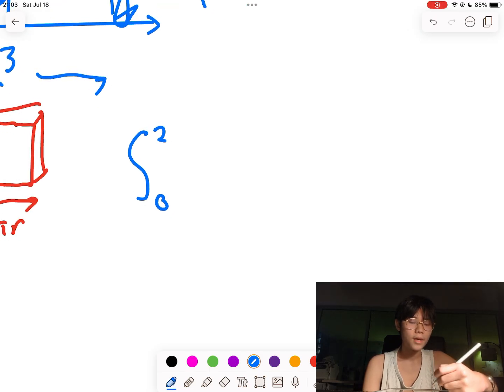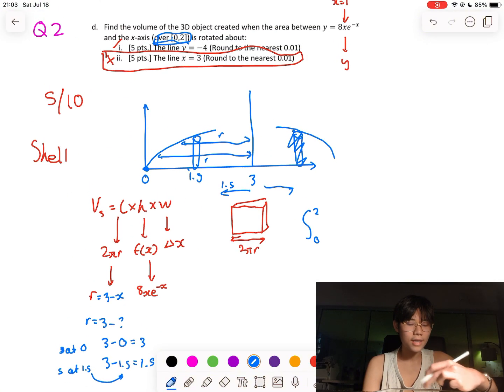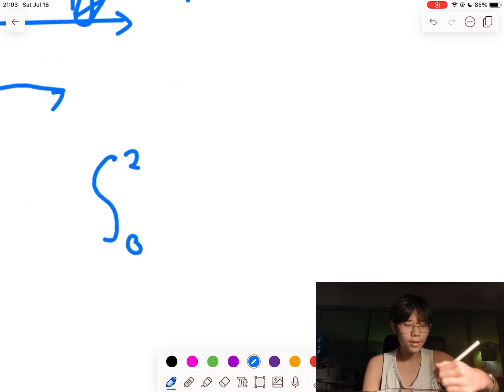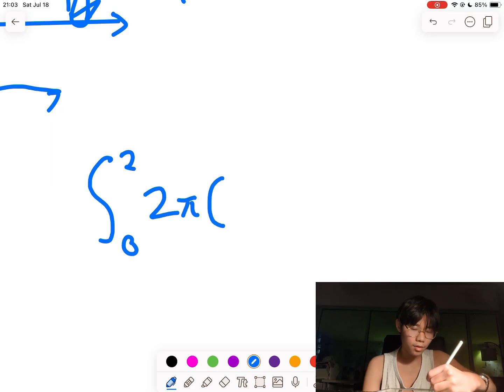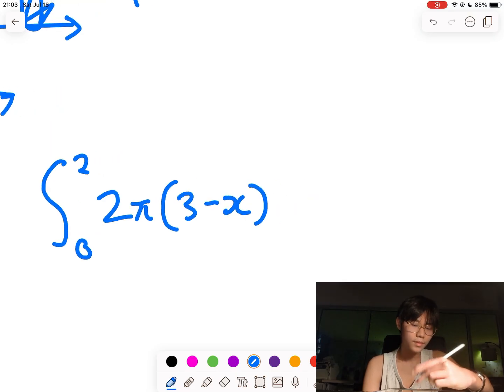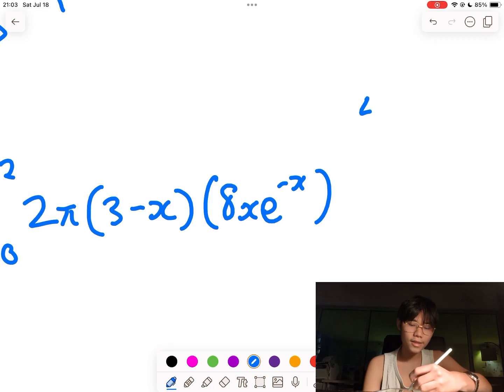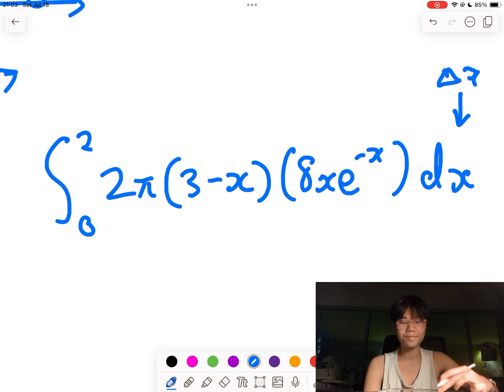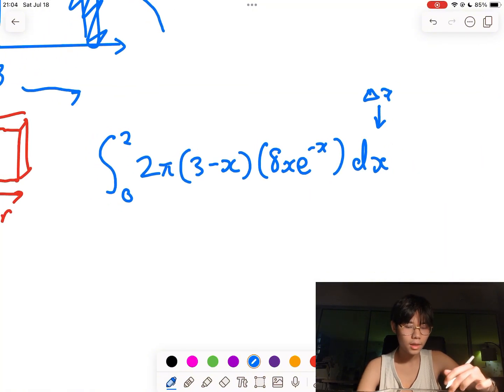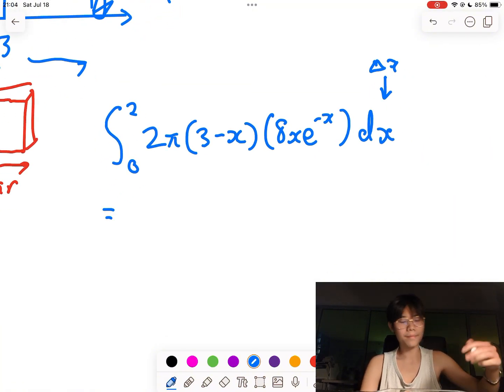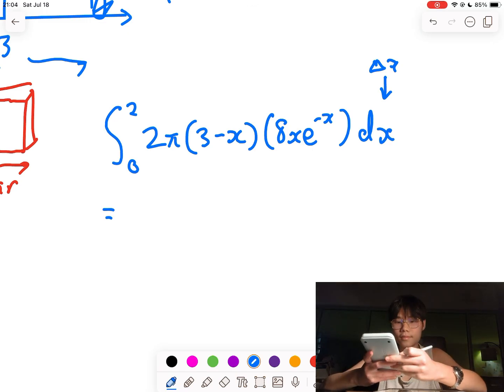Then it's, as we said, length times height times width. So we put in 2 pi, 3 minus x, times the function. The change in x, when put into an integral, becomes dx. Now we can put this into our calculator and solve it instantly.